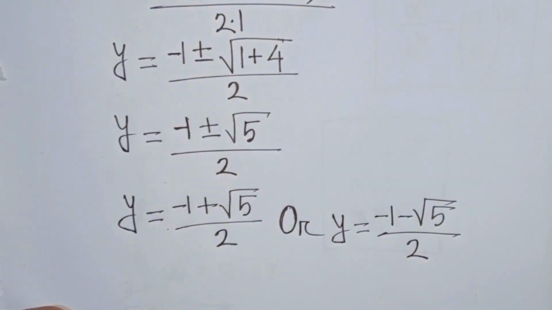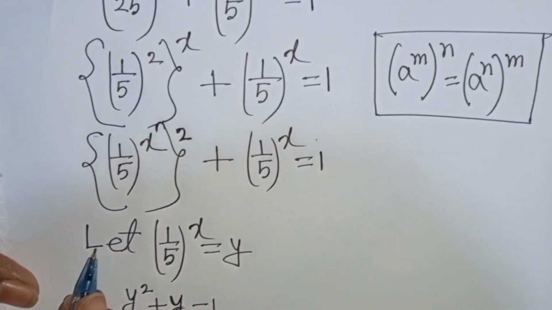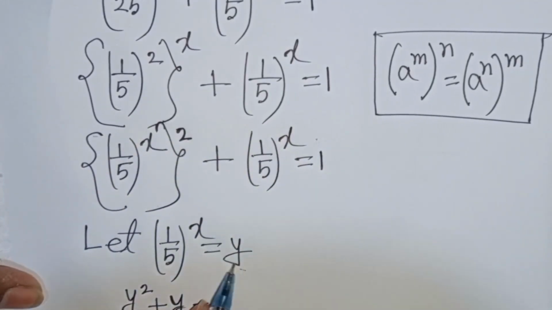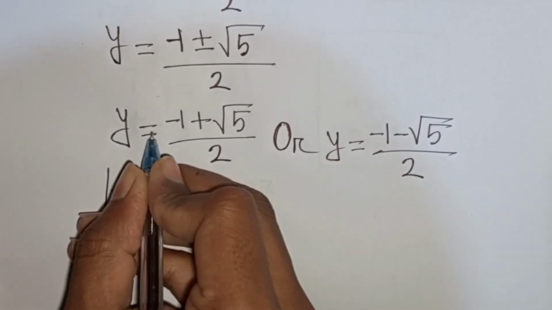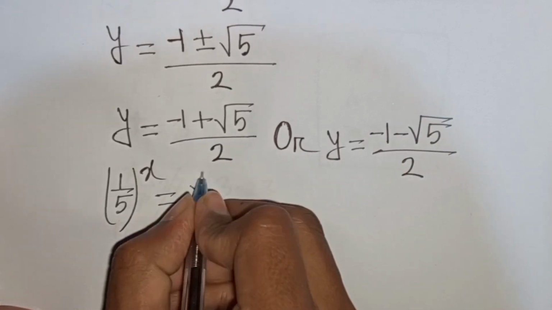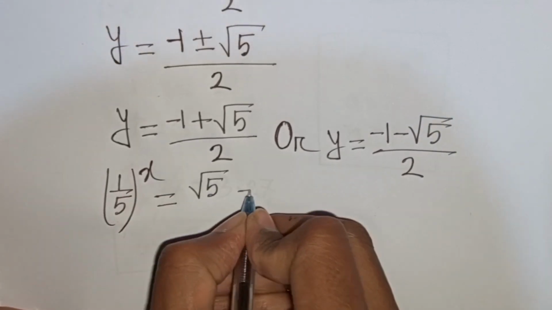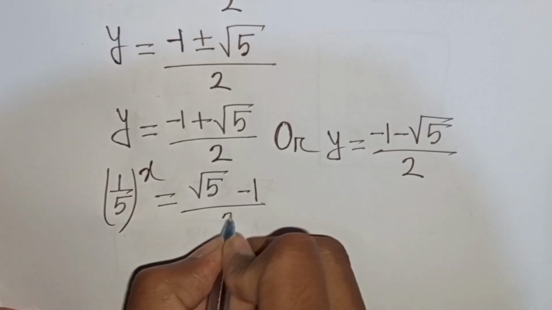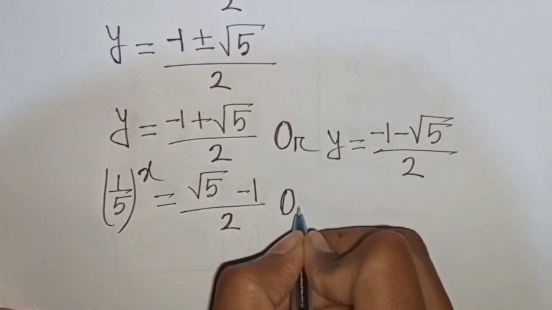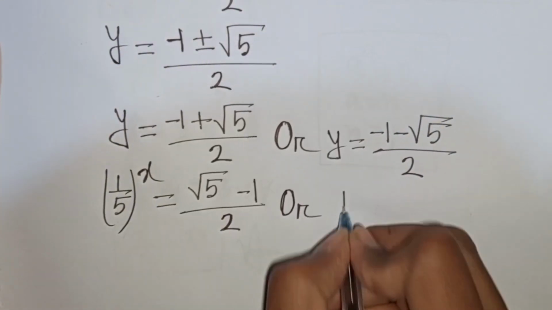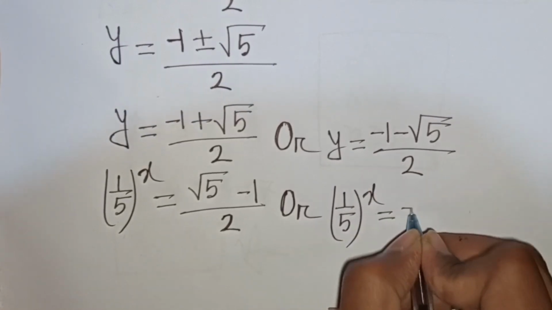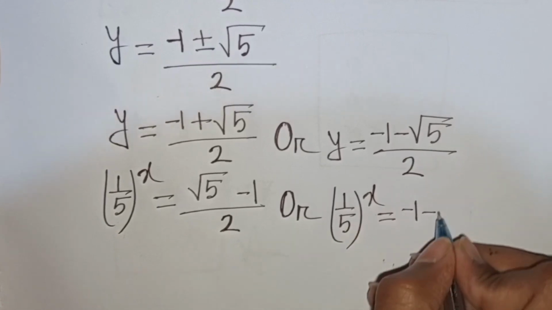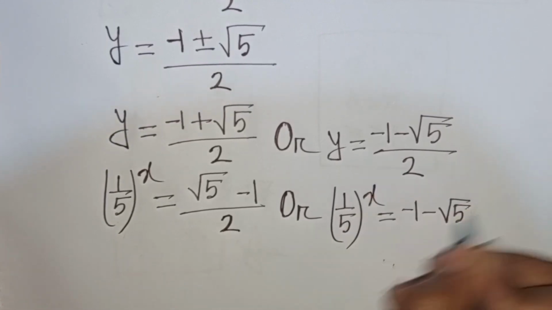But remember that y means (1 by 5) power x. So (1 by 5) power x is equal to square root of 5 minus 1, divided by 2, or (1 by 5) power x is equal to minus 1 minus square root of 5, divided by 2.